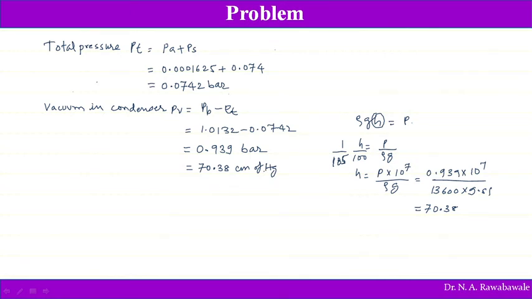Now the partial pressure of steam in the air pump suction is the saturation pressure corresponding to 32 degrees Celsius. Here what happens, the steam is sucked by the air pump.